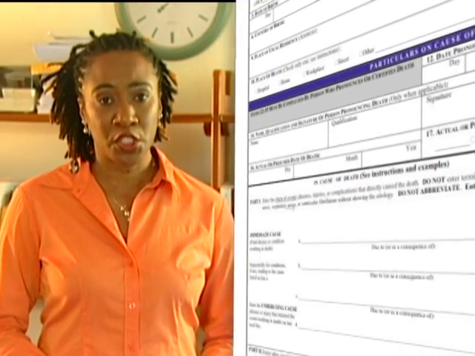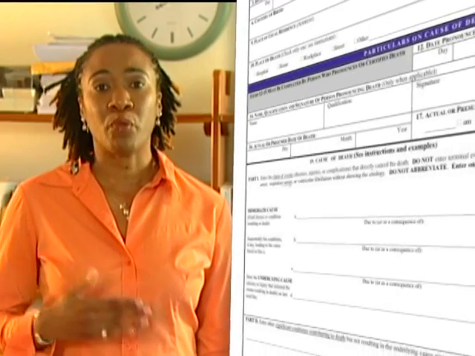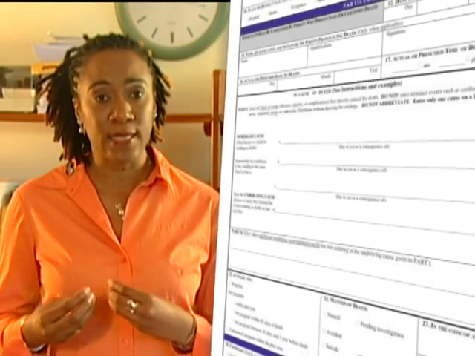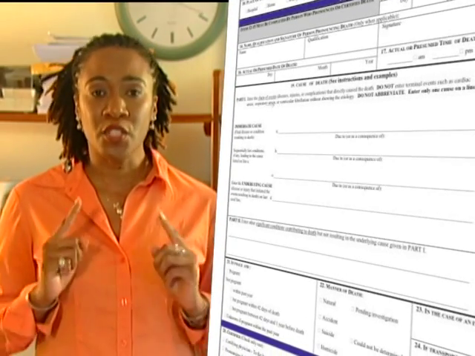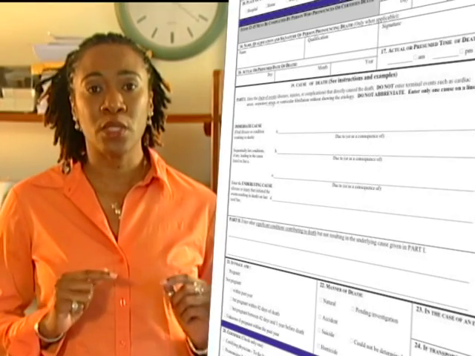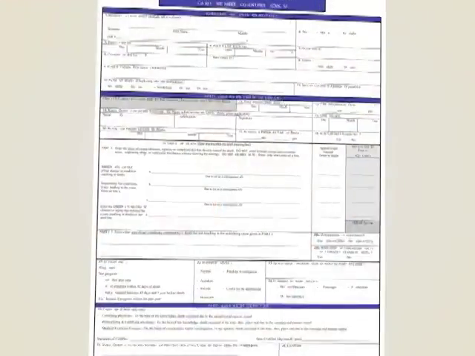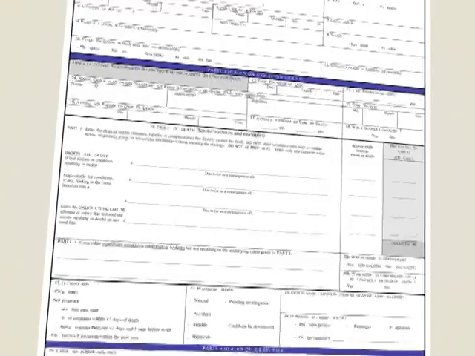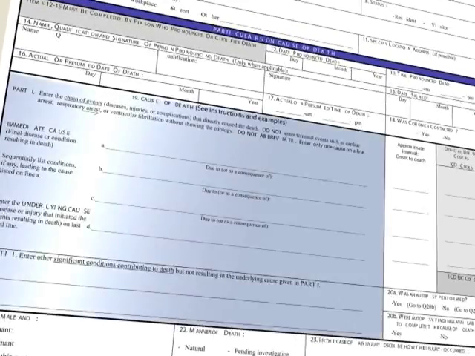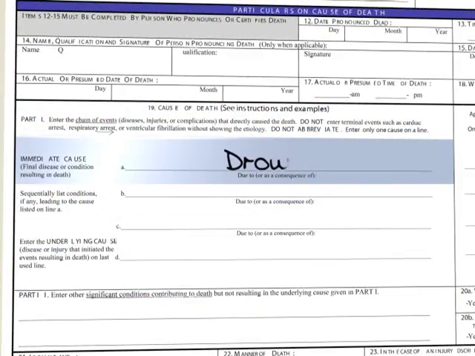Now, the question is, what should be entered in the cause of death section of the medical certificate of death? This should be all diseases, conditions, or injuries that resulted in or contributed to death, and in the cases of deaths due to accidents or violence, the circumstances which produce the fatal injury. In Part 1 of the Cause of Death section, the disease or condition on line A should be the one that directly led to death.